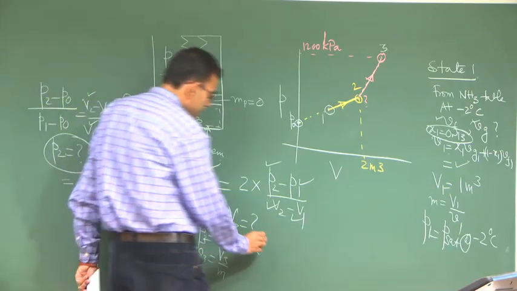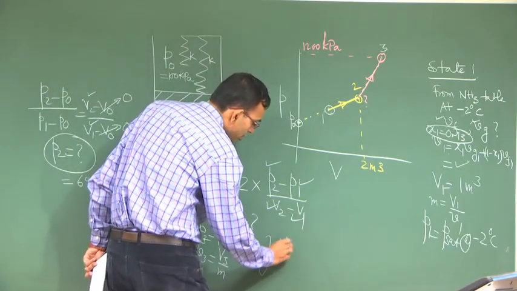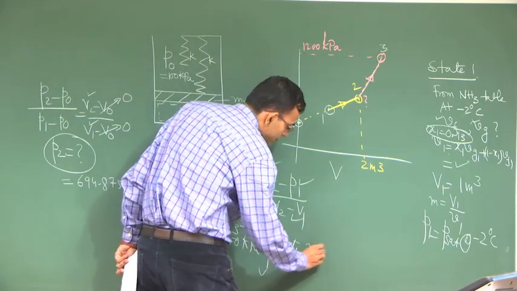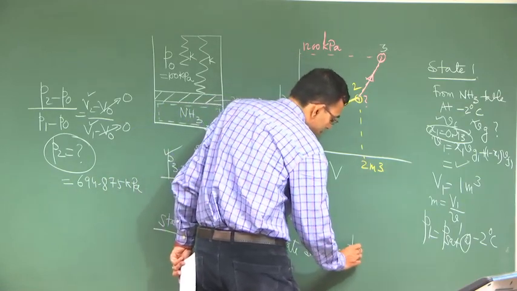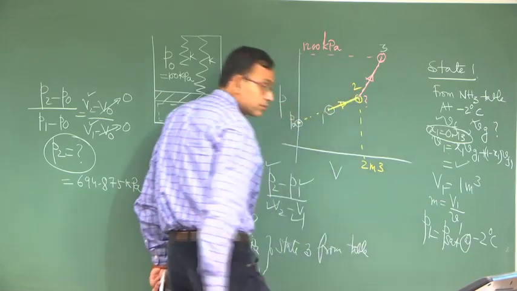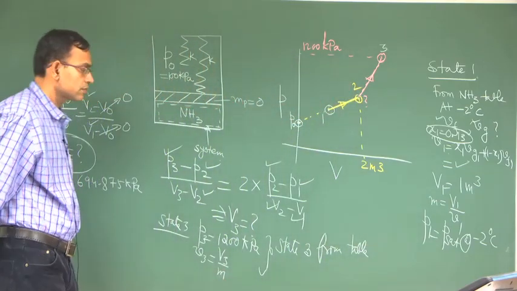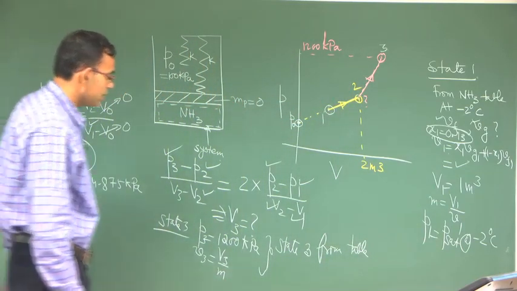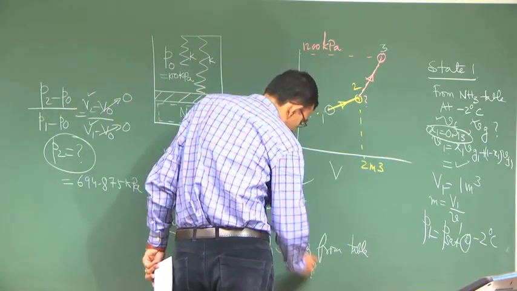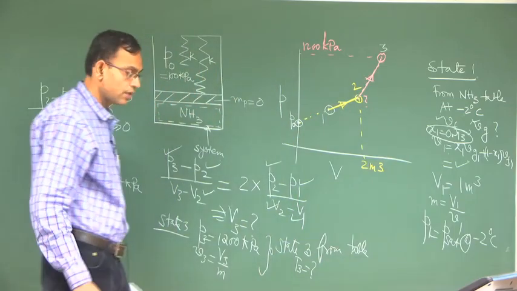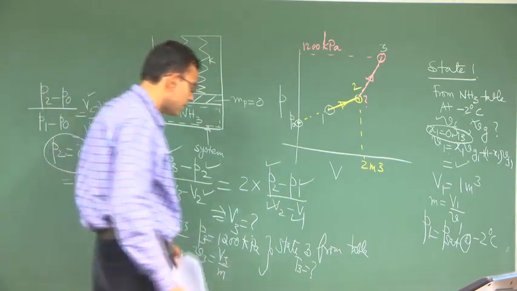So, this combination will give you state 3 from the table. So, state 3 means what is T3 from these two data. So, that T3 is 51 degree centigrade.